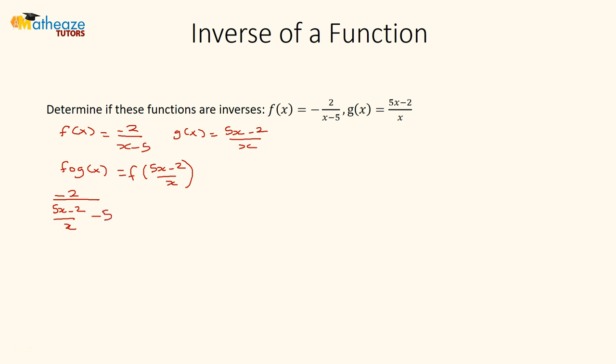So let's deal with the denominator first and simplify that. So 5x minus 2 over x minus 5 over 1 is going to give us 5x minus 2 over x minus 5x over x.